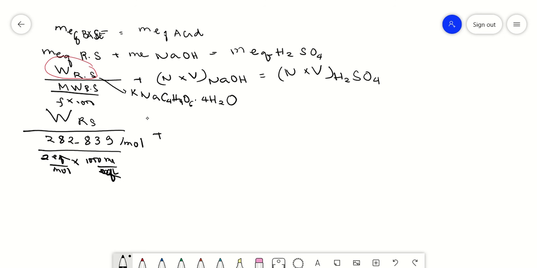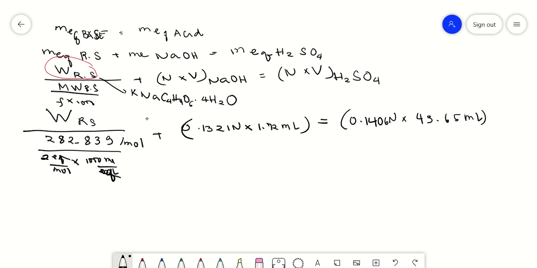Plus the normality of sodium hydroxide, which is given, 0.1321 normal, multiplied by the volume used for the back titration, 1.72 ml, is equal to the normality of sulfuric acid, which we have solved previously, 0.1406 normal, times the volume used for titration, 43.65 ml.